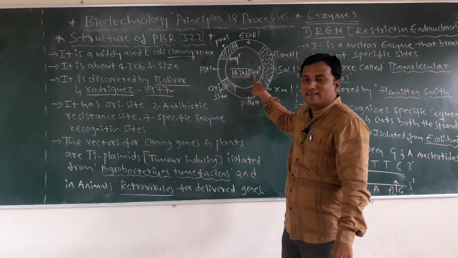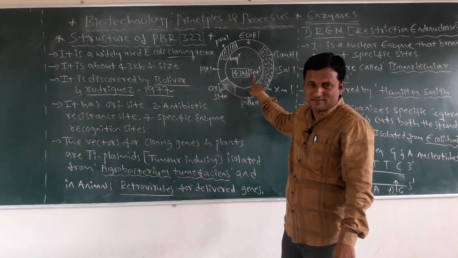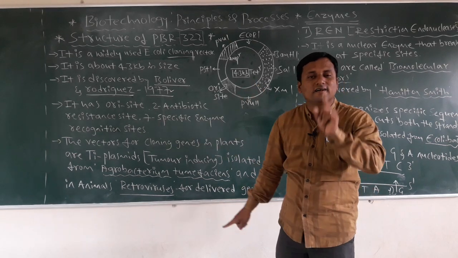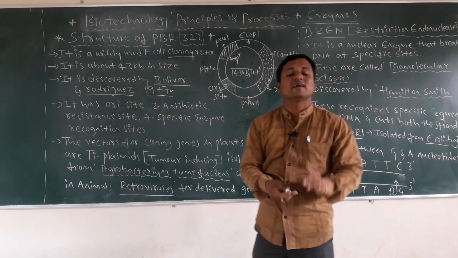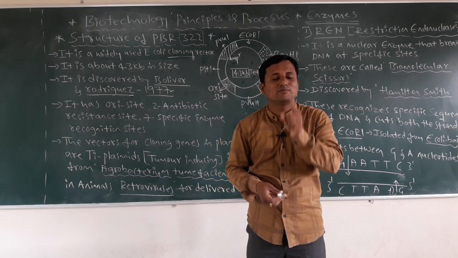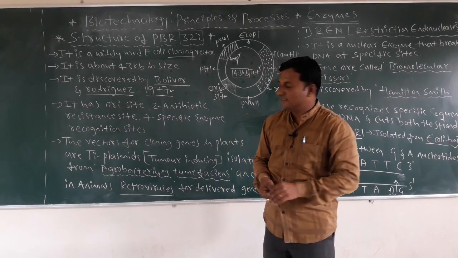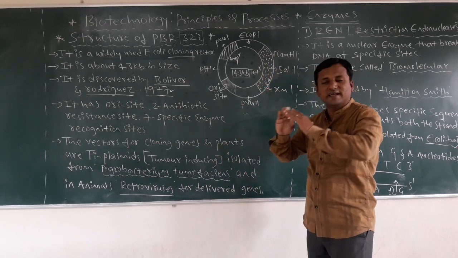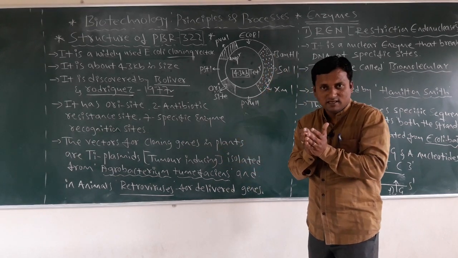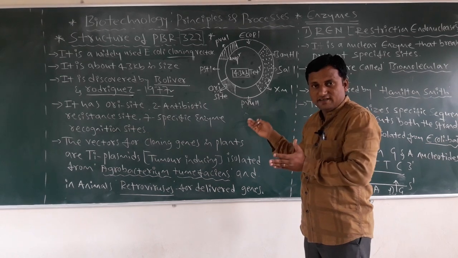Next, tetracycline resistance. What is the TET? Tetracycline resistance. These are responsible for generating the power for the cloning concepts. Like this, the whole structure has different types of enzymes and two antibiotic resistance genes.